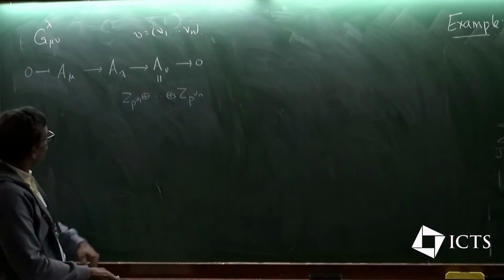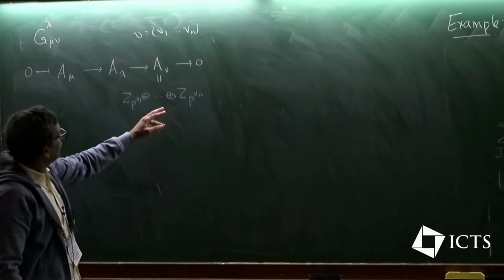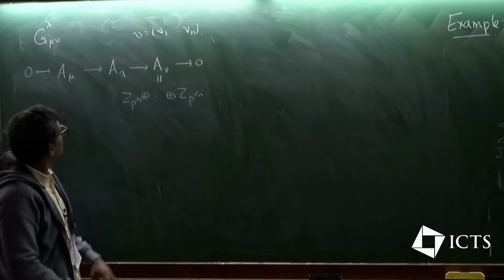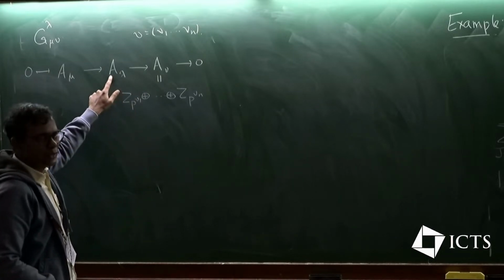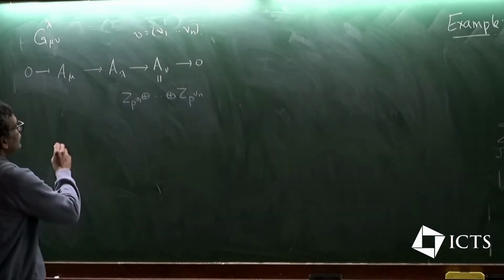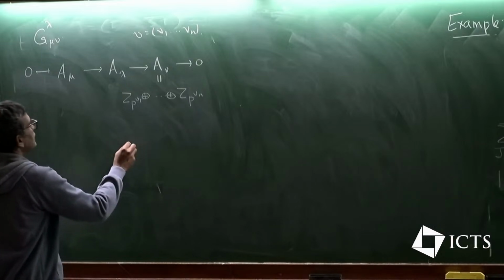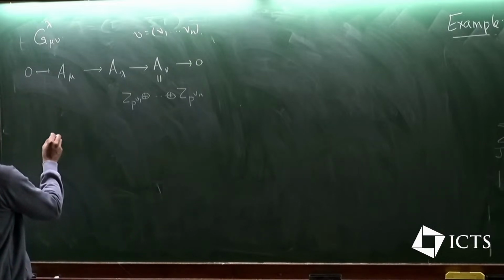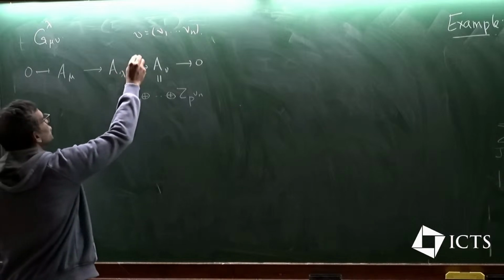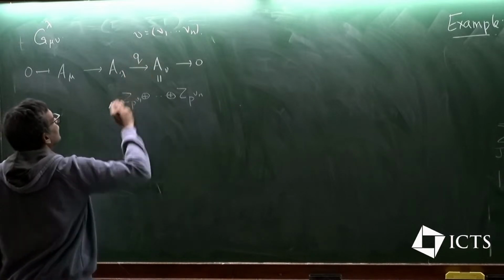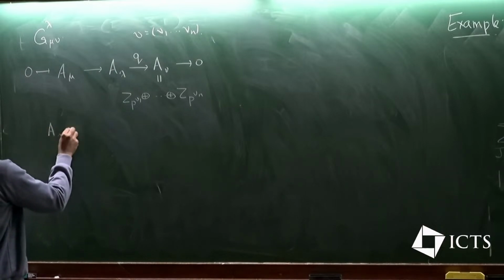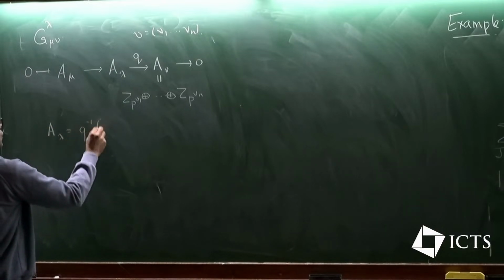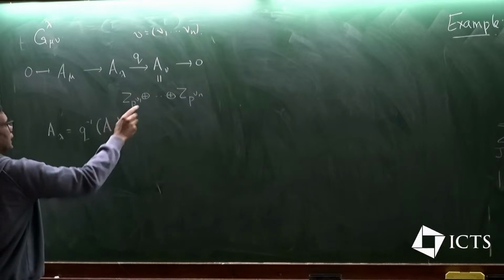Okay, so if you fix this kind of decomposition, then you also get a bunch of subgroups of A lambda. Let's call this quotient map Q, and we have A lambda, well, that's Q inverse of A nu, the whole thing.